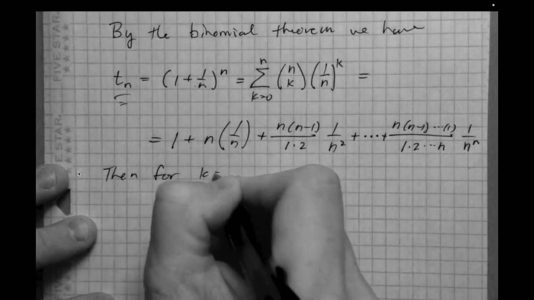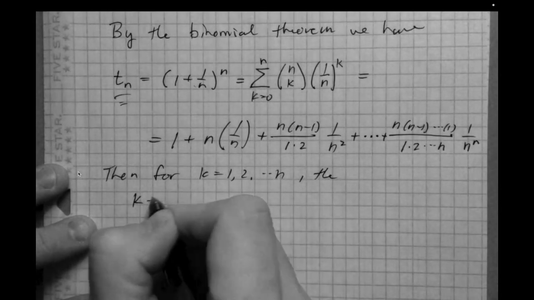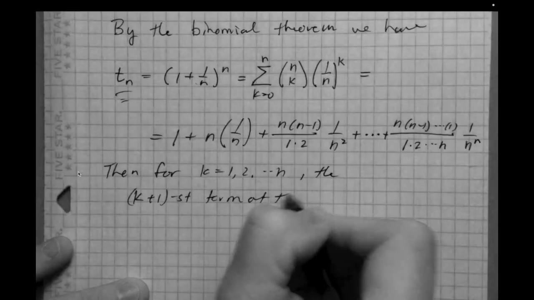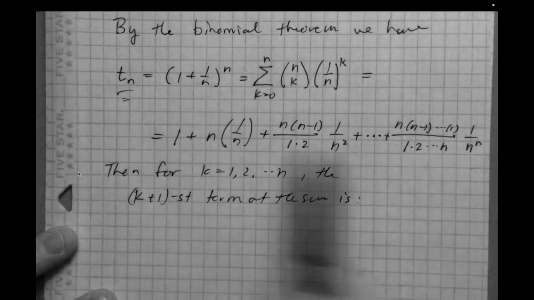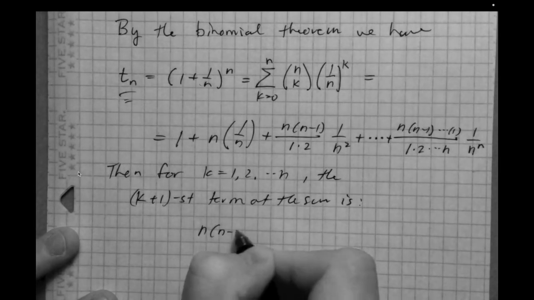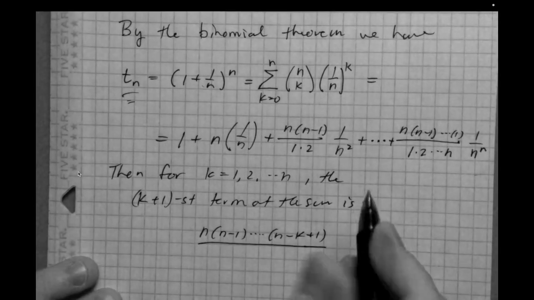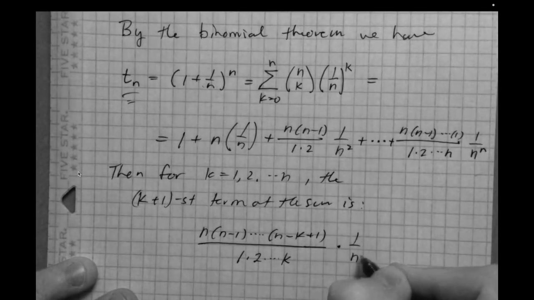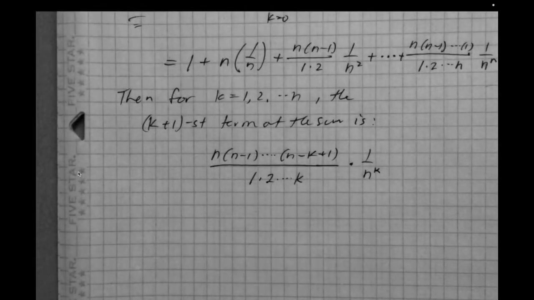For k equals 1 up to n, the k plus 1 term of the sum is, well, whatever k happens to be, it's going to look like this: n times n minus 1 dot dot dot times n minus k plus 1 all over k factorial, and then times 1 over n to the k power, right? So this is the k plus first term of the sum.